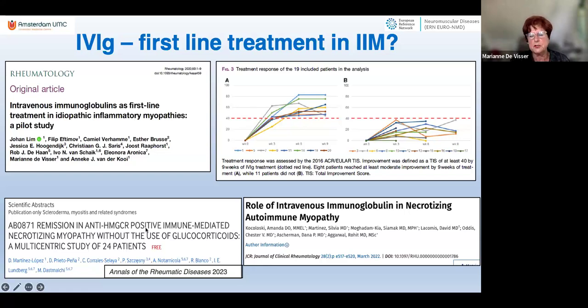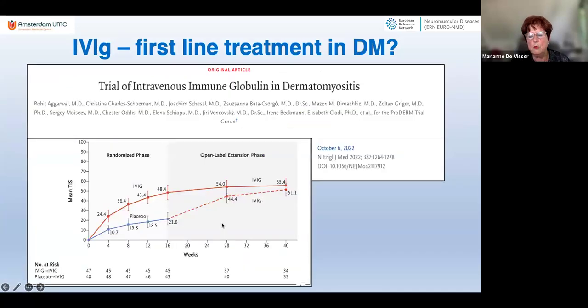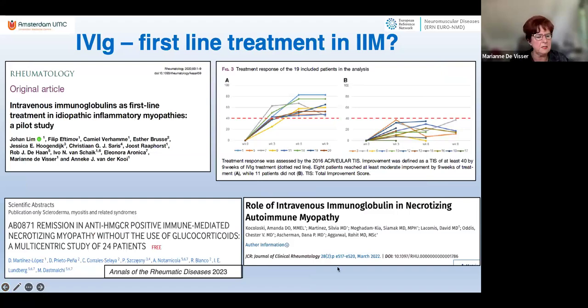There are two other studies which administered IVIG in all the inflammatory myopathy patients, including dermatomyositis, IMNM, and anti-synthetase syndrome patients. And these two confined themselves to immune-mediated necrotizing myopathy.